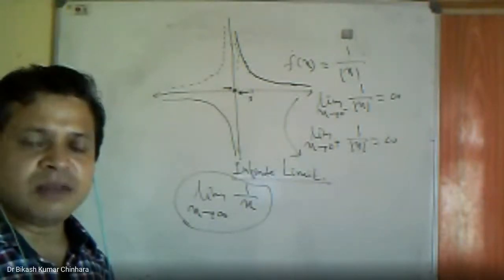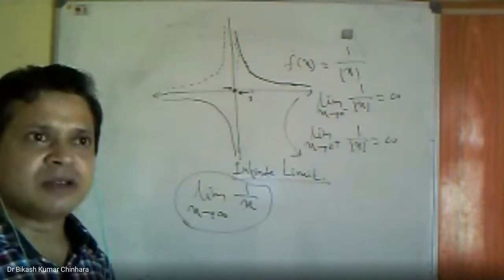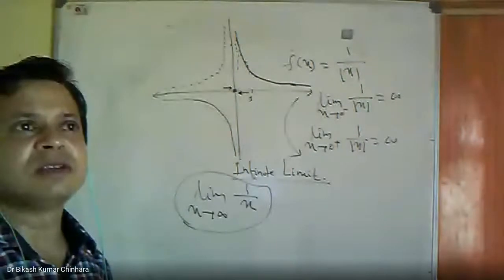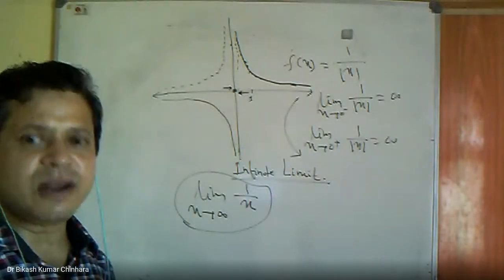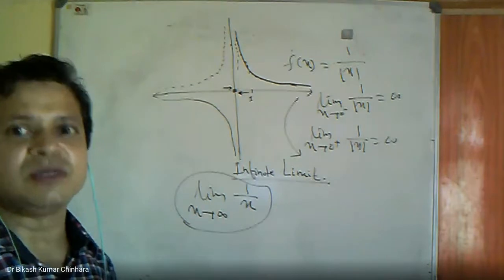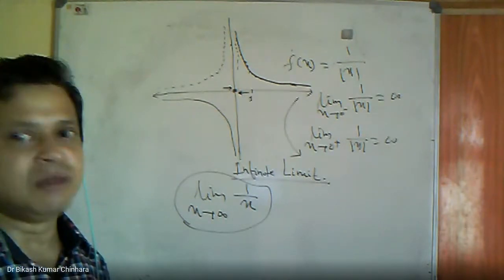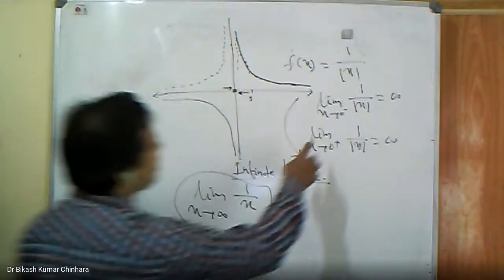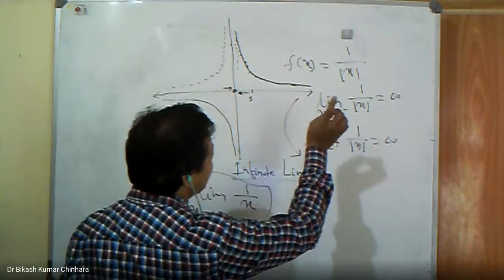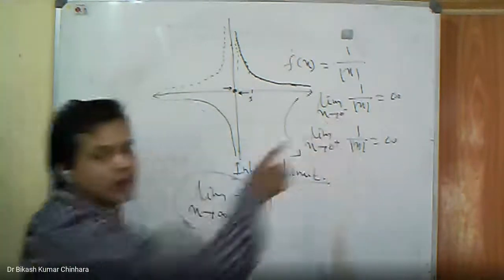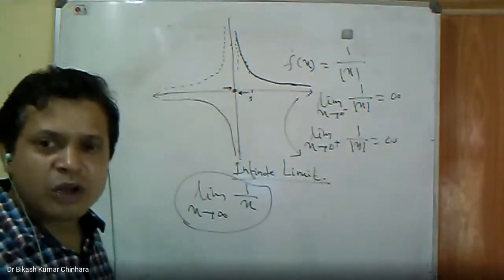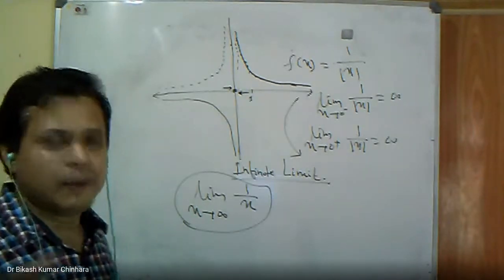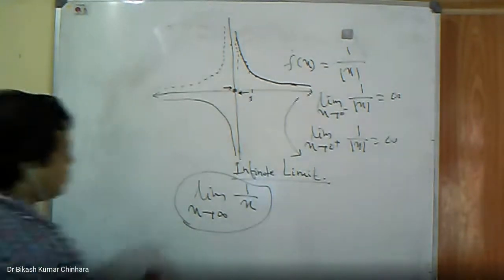And if it becomes an infinite quantity, in general we should not say that the limit exists, but we give it another name, infinite limit. That means the limit is infinite. The limit is not evaluated at infinite. Here we are evaluating the limit at 0 because x tends to 0, but its value is becoming infinite. So it is called infinite limit. These two concepts we should understand.